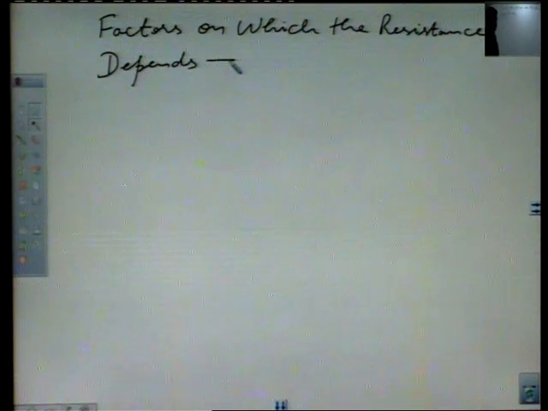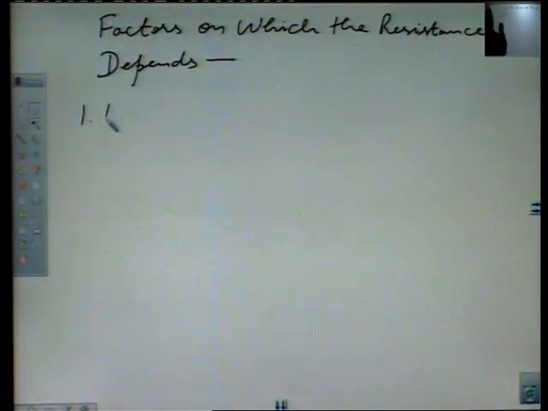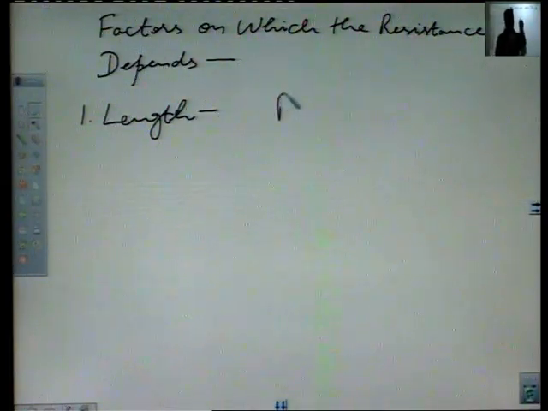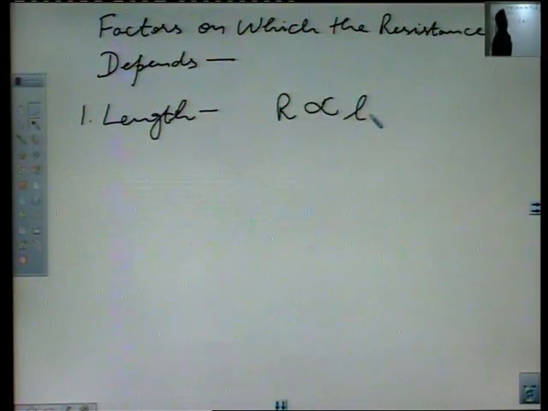The resistance of a material, first of all, depends upon the length of the conductor. It is found that the larger the length of the conductor, the more is the resistance. So, resistance is directly proportional to the length of the conductor.